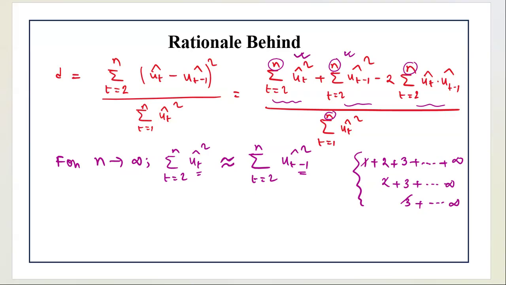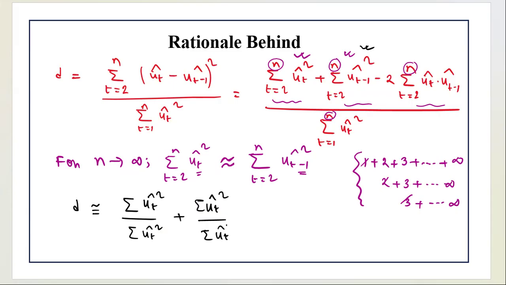So if this is the case, now you can reduce the D statistic in this way. You can simplify this. So this will be approximately equal to, not exactly equal to, summation ut cap square upon summation ut cap square plus the second term, which will also be ut cap square upon ut cap square.